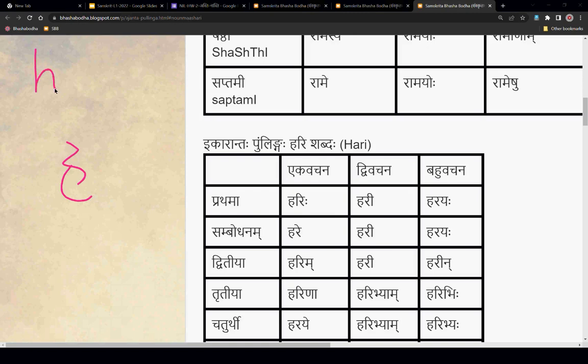Ekvachan has Visarga. So how do you pronounce Visarga? Just like this, right? Harihi. Harihi, Hari, Haraya. And Dvivachan is like this.